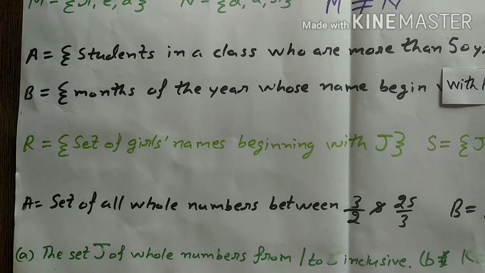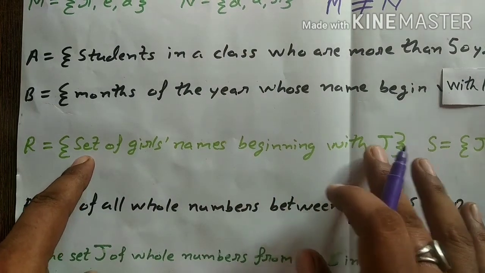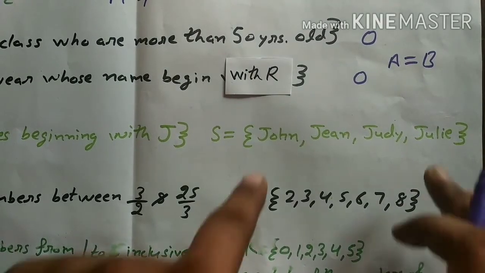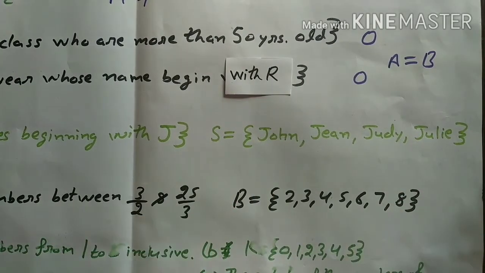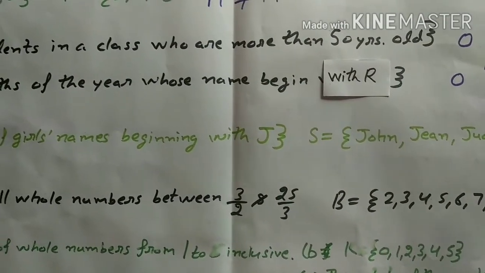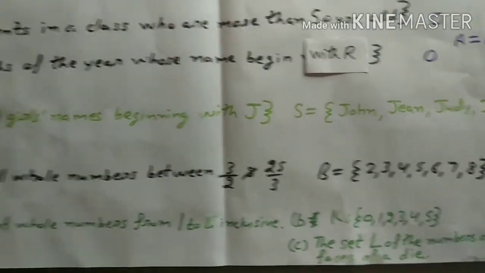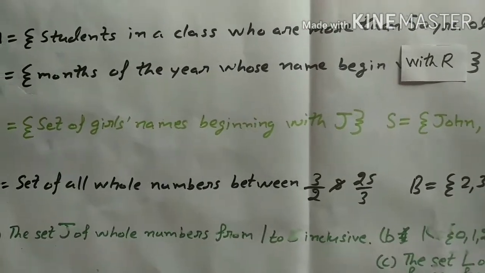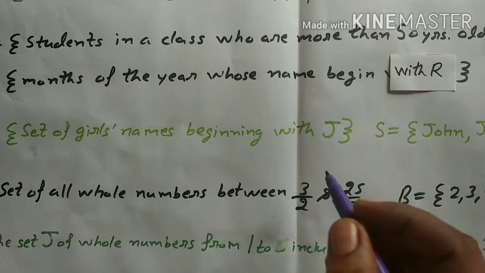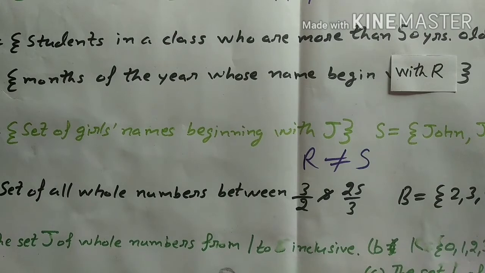So I can't definitely say that the members of this set will be the same as the members of the set S, because here only 4 names are there, but here no name is given. So I can't say anything about the equality of both these sets, students. So I will decide that set R is not equal to S. So I will write here that R set is not equal to S set.